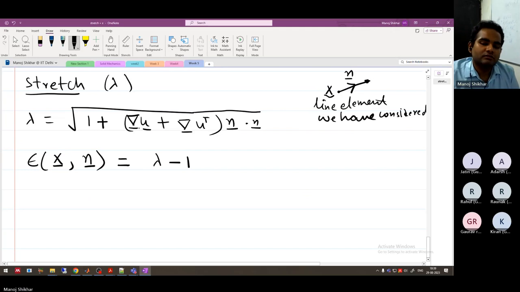And in this course, the assumption is that gradient of u is very small, that its order is very much less than 1. So we can do binomial expansion here.